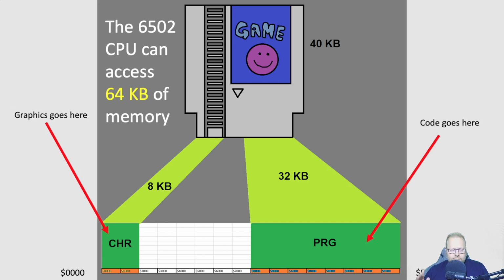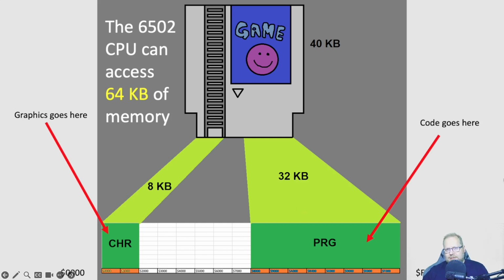Let's quickly take a look at the concept of how that works. And like I said last time, don't study the memory addresses here because they're probably not correct. I'm just trying to show you the concept. When you plug in a cartridge, something goes here and something goes there in the memory of the NES. This is the black box game: 8 kilobytes of graphics, 32 kilobytes of code.